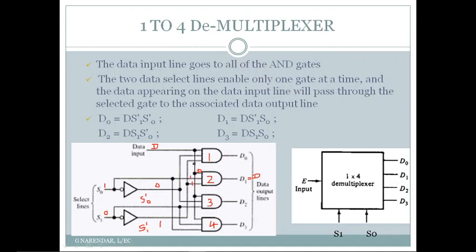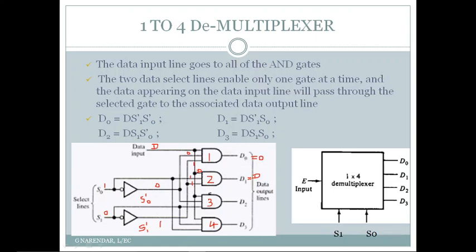At the same time, you can see that for the first AND gate, S0 is an input, so this input is 0 and this input is 1, so the output is equal to 0. We also have to show the remaining outputs.